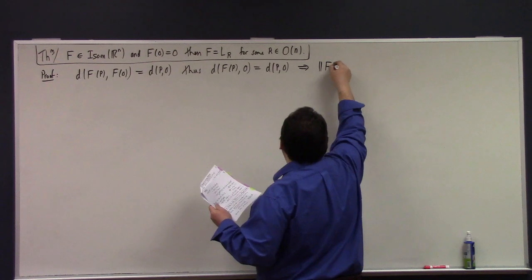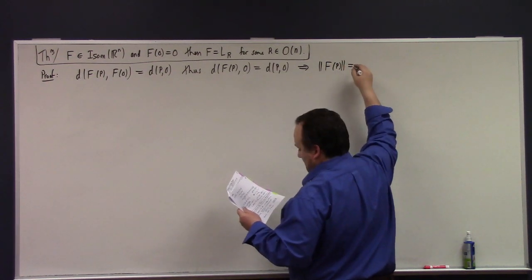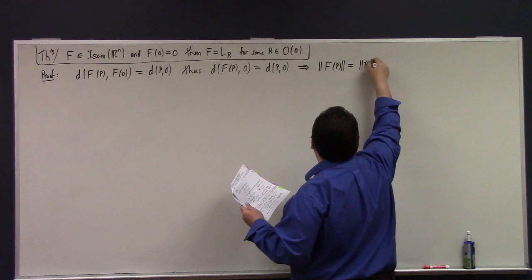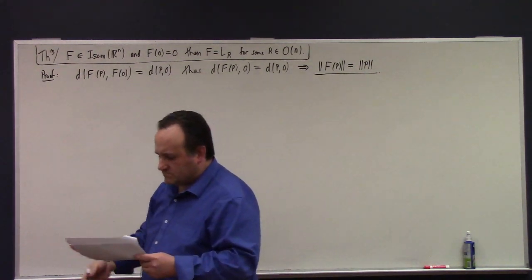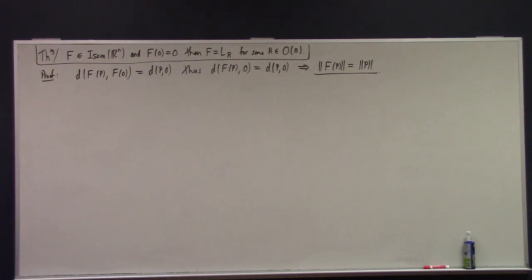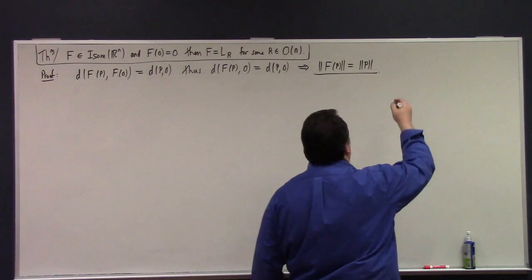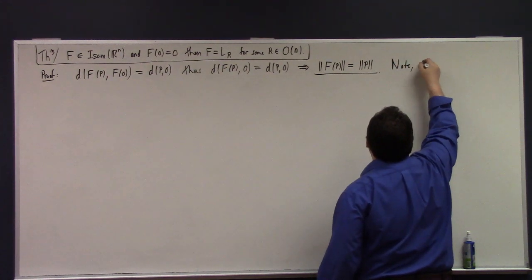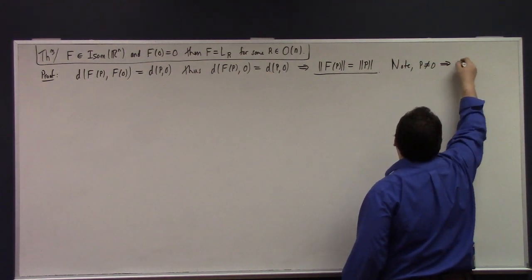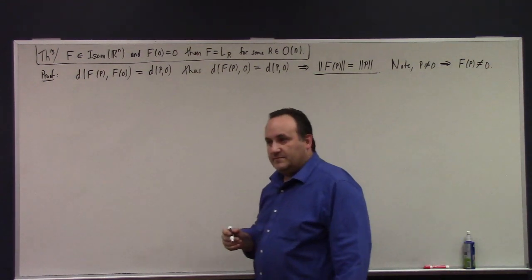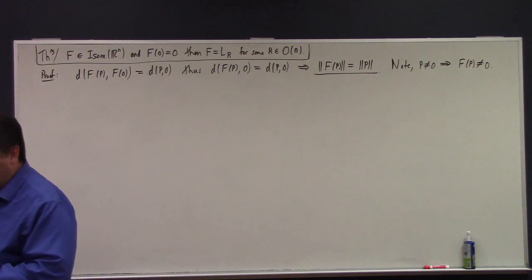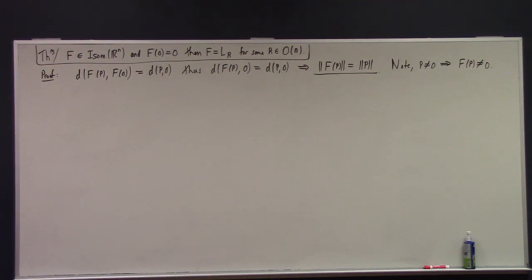The length of f of p is equal to the length of p, right? The distance of f of p from the origin is the distance of p from the origin. Furthermore, note, p not equal to 0 implies f of p not equal to 0. We'll need that at some point in what follows. You guys with me so far?